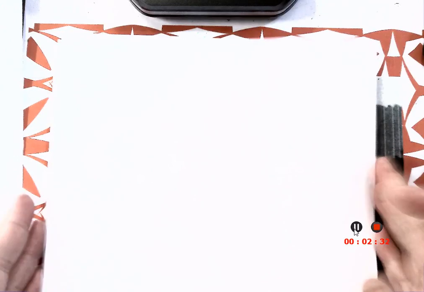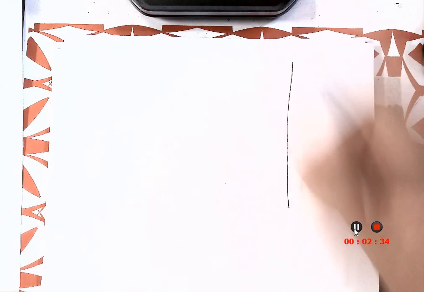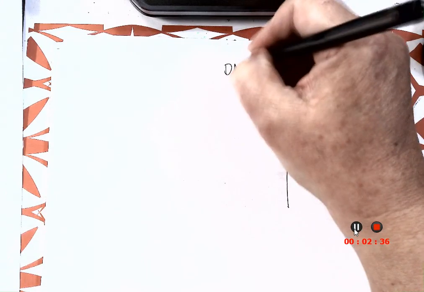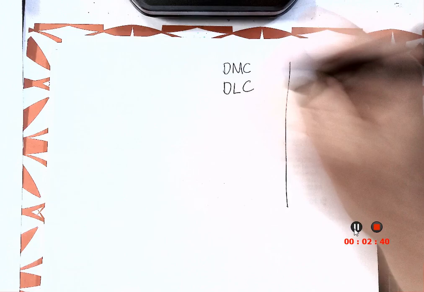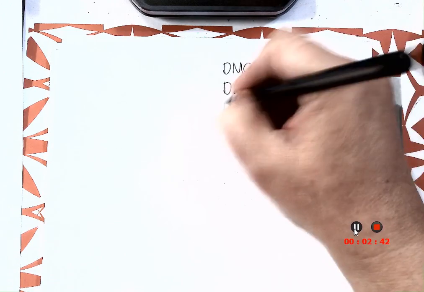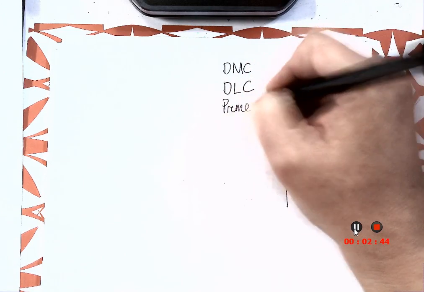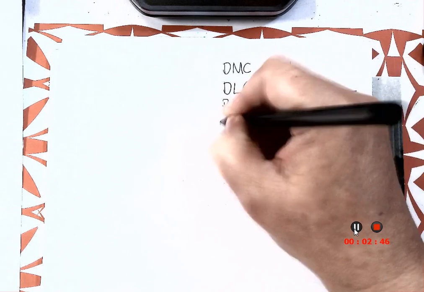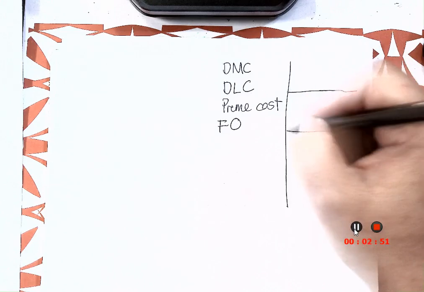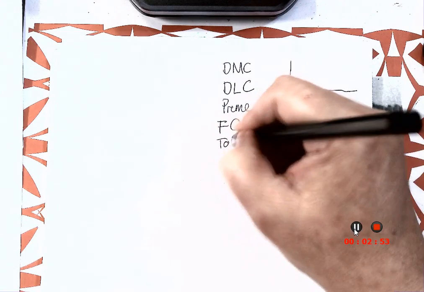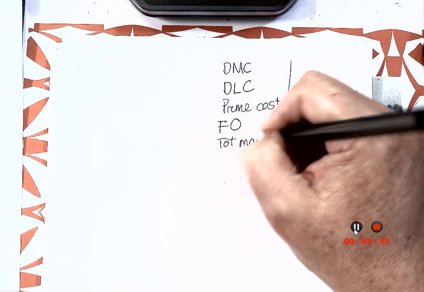So your format is direct material cost, direct labor cost, prime cost, factory overheads. You have to know it like this. Total manufacturing cost.